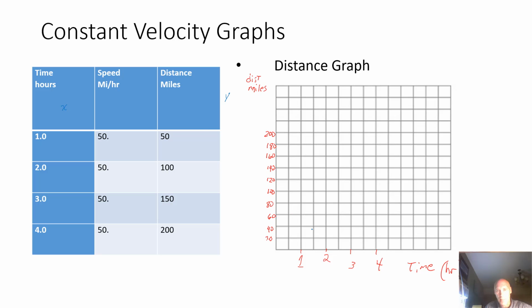And when I graph that, okay, so after 1 hour, my distance is 50 miles. So right about there. After 2 hours, my distance is going to be 100 miles. And then after 3 hours, it's going to be 150. So right about somewhere in the middle there.